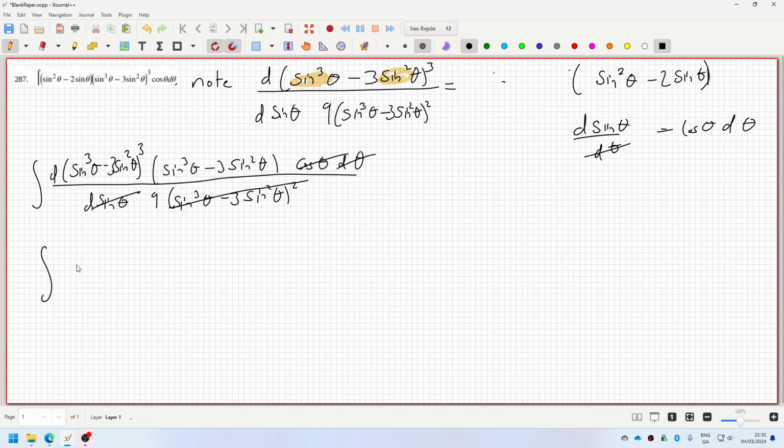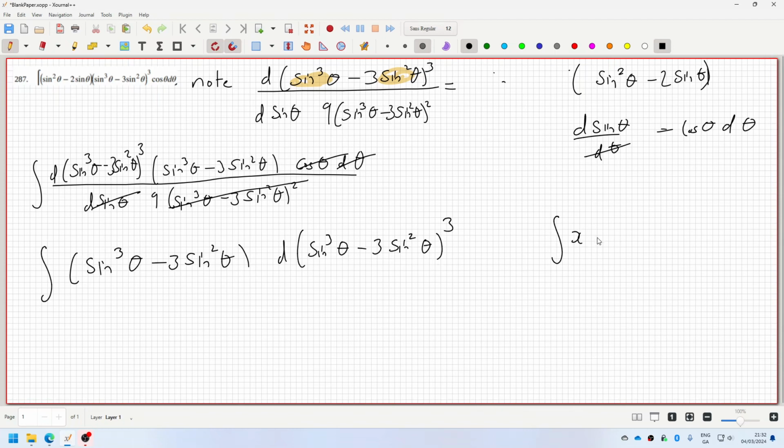So you would just be left with sine cubed theta minus 3 sine squared theta d sine cubed theta minus 3 sine squared theta cubed. So that's a little bit like x dx cubed.